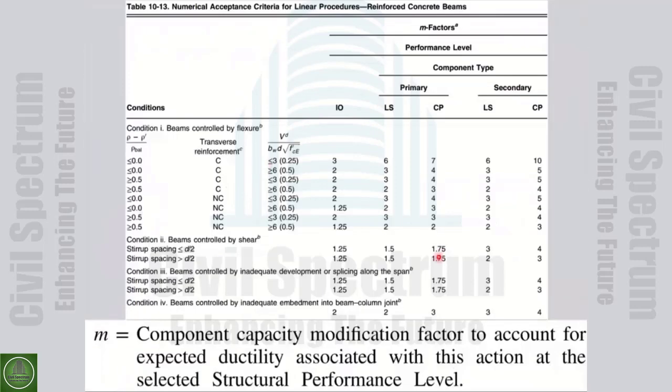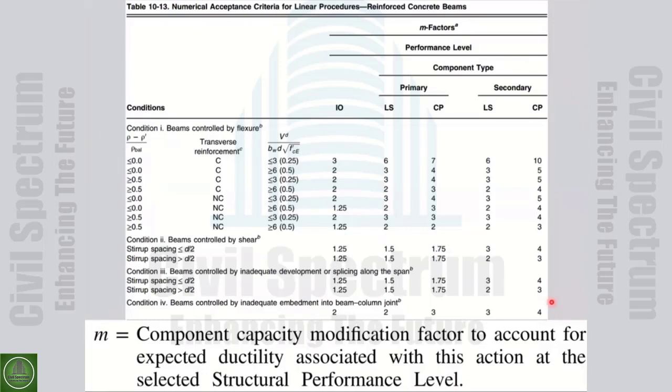Therefore, one of the most important contributions of this new series of the existing building code, in this decade, I mean these last 10 years or even more, is tables like this. Such a nice table.